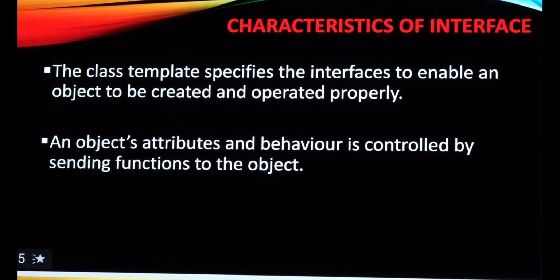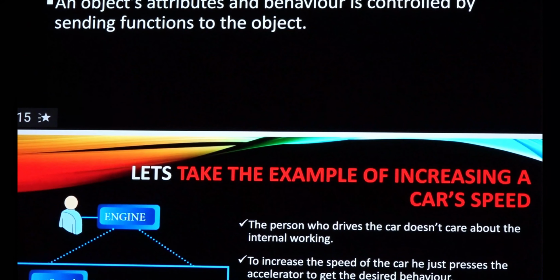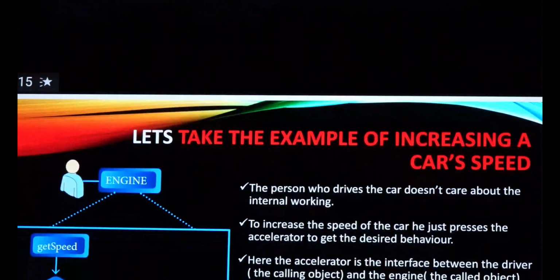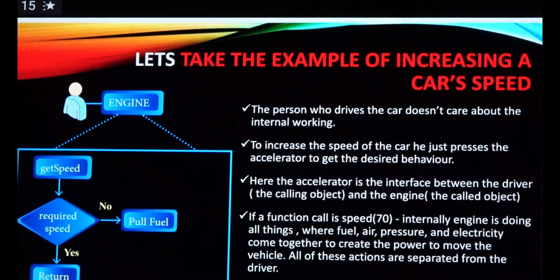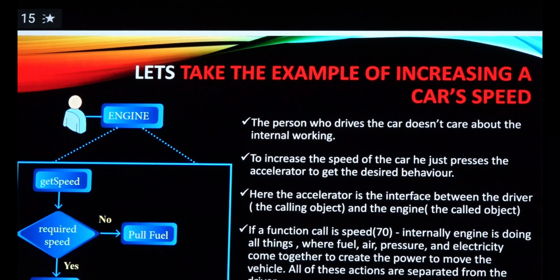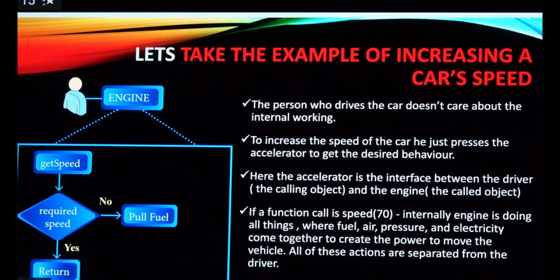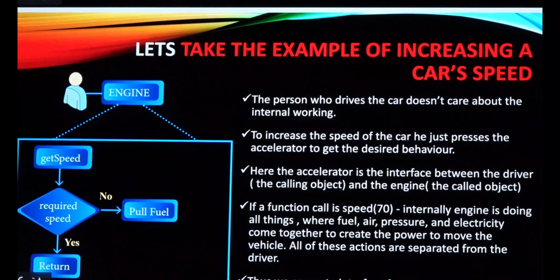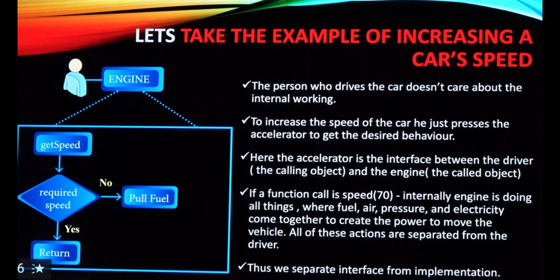Now, let's take the example of increasing a car's speed. This example is very nice for you. The engine gets the required speed, and if the condition is true, it returns; otherwise it pulls fuel. The person who drives the car does not care about the internal working.